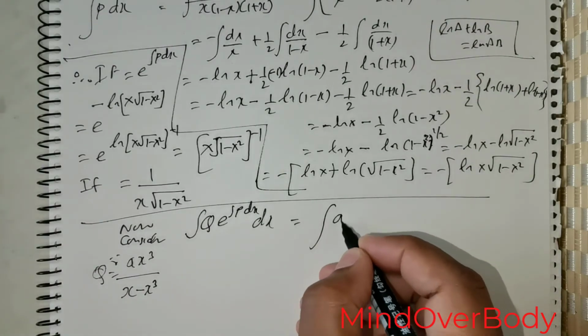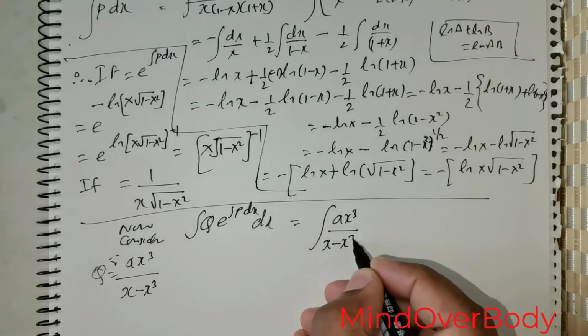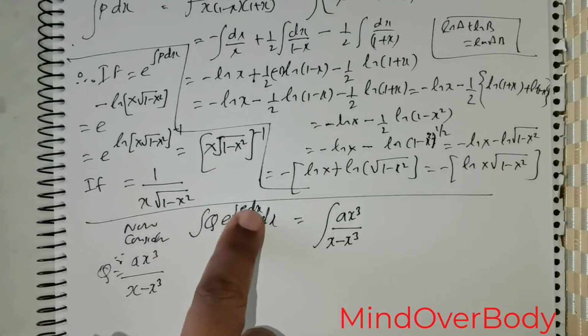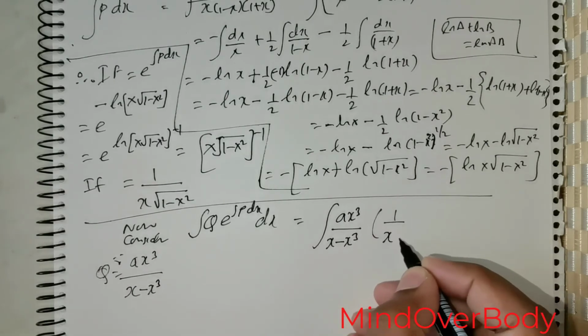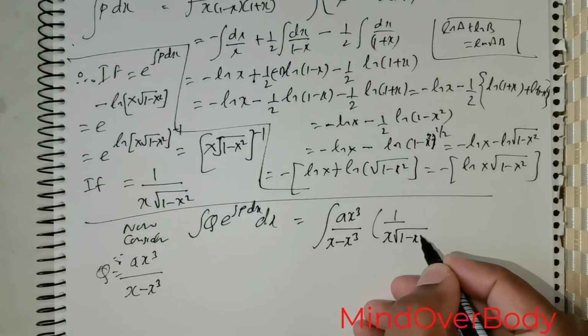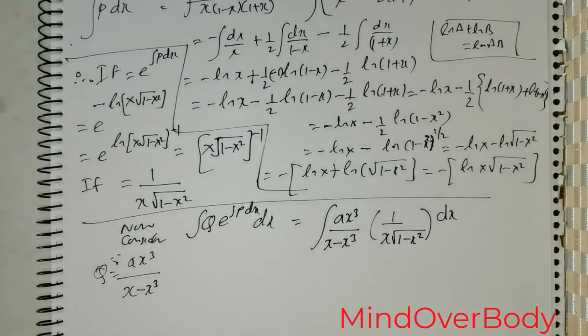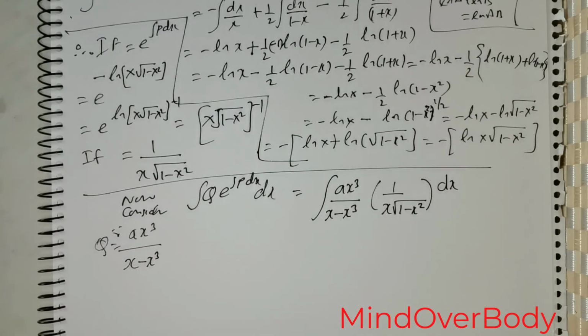This is going to be a times x cubed divided by x negative x cubed, times e raised to the power of integral p dx. That is achieved, so that's going to be 1 over x times root of 1 negative x squared, and this has to be multiplied by dx. So we will have to simplify and get the output.